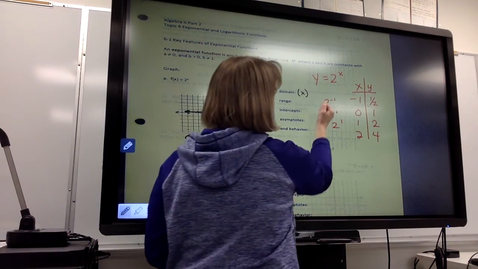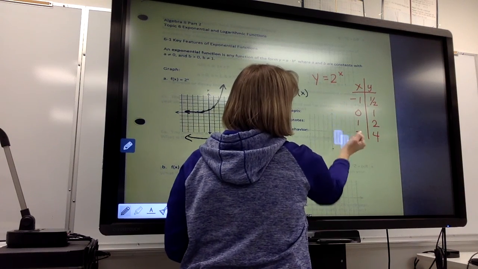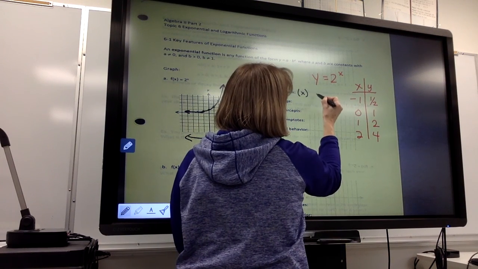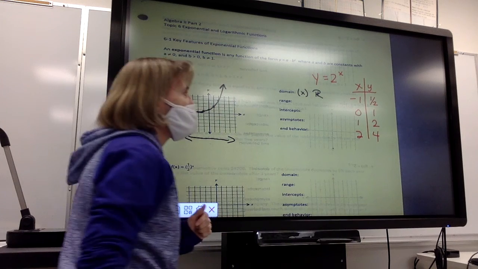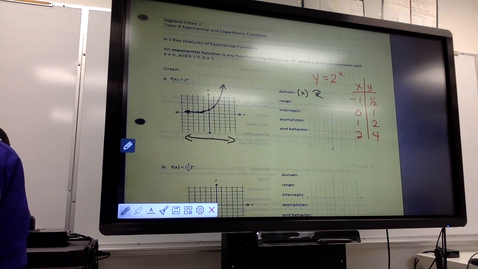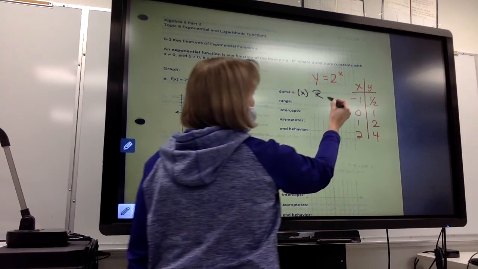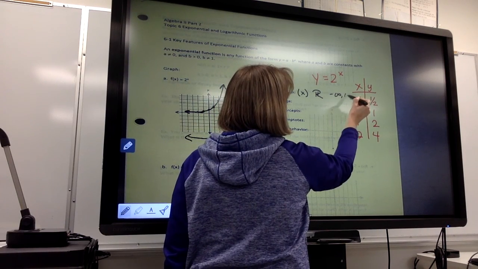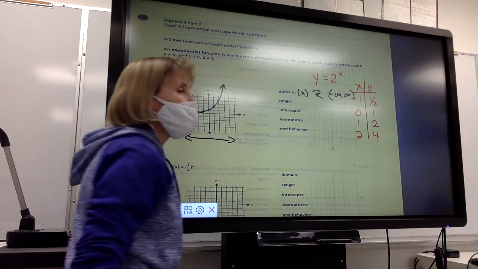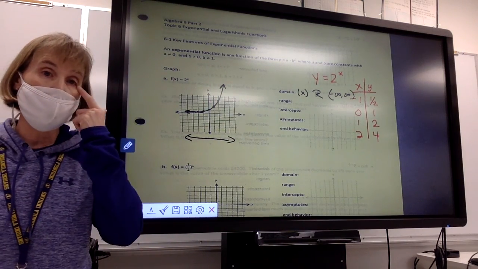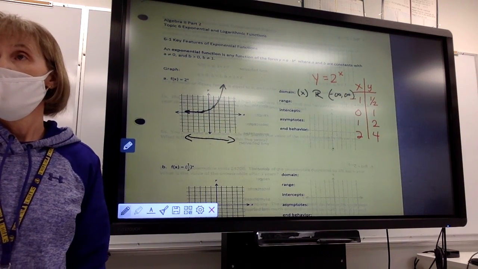So the domain is going to be all real numbers. And I use an R with an extra leg for all reals. Like negative infinity to positive infinity. Yeah, you can do that too. So you can say negative infinity, positive infinity. And if you use infinity, remember we use parentheses. We don't use a bracket with infinity.